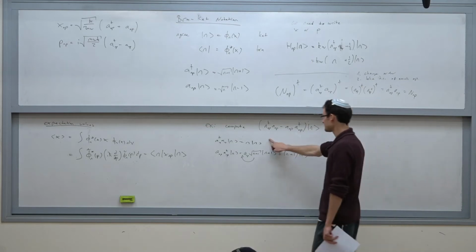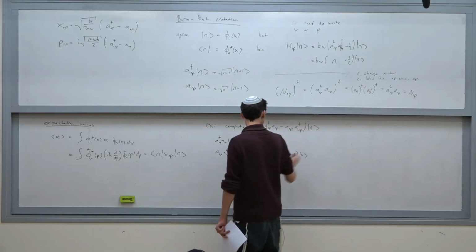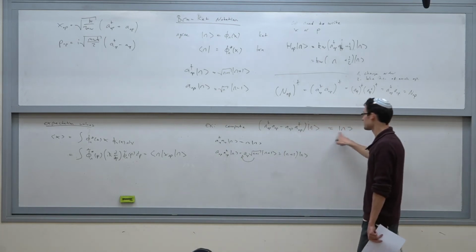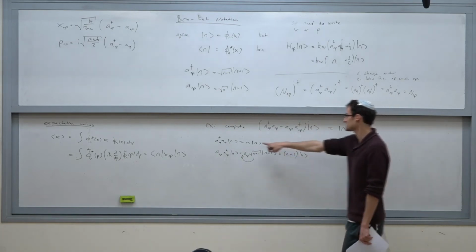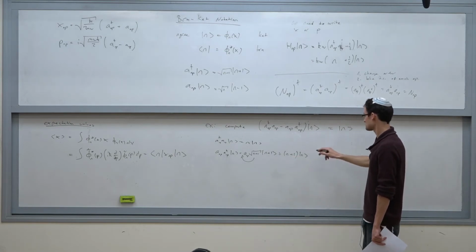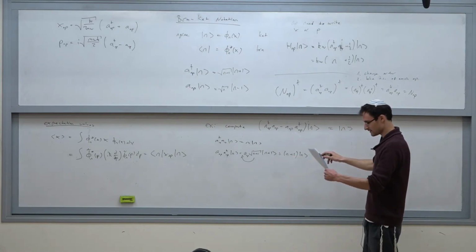And what we get is N plus 1 times N. So if I do this minus this, I find it's equal to 1 times N. Right? The N cancels. Minus, right? There's a minus sign here, right? What happened?